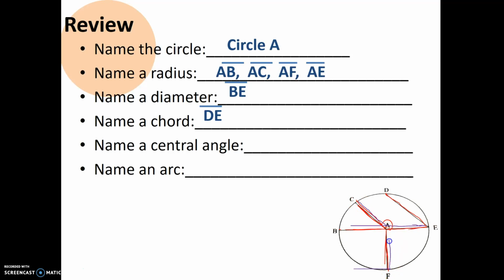There's one down here, angle FAE. There's one here, angle BAF. And I think that's it. And then if we're going to name an arc, there are also several of those. There's one right here, arc BC, arc CD, arc DE, arc EF, all sorts.